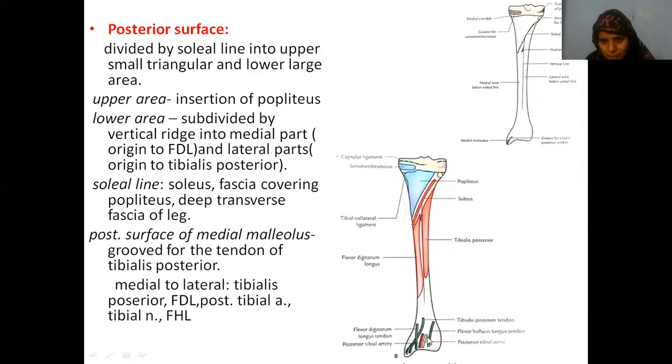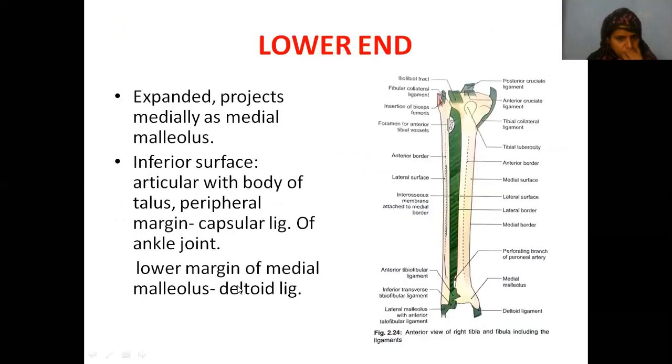Crisscrossing ones are tibialis posterior, which is coming medially, and flexor digitorum longus, which is coming laterally. Adjacent to that, we have posterior tibial artery and posterior tibial nerve. More laterally, we have flexor hallucis longus tendon. So this is all what is written as the last point in the text part. This deltoid ligament I will tell you when we are doing ankle joint.